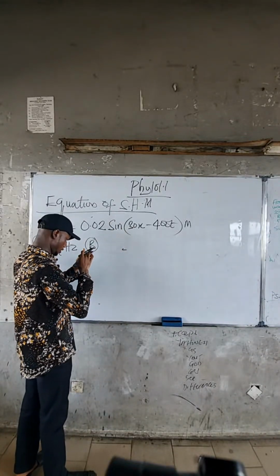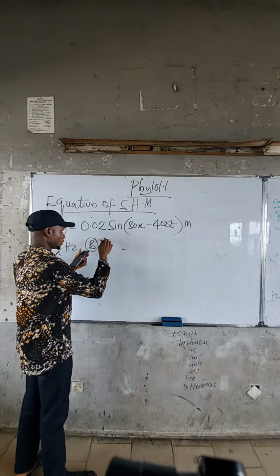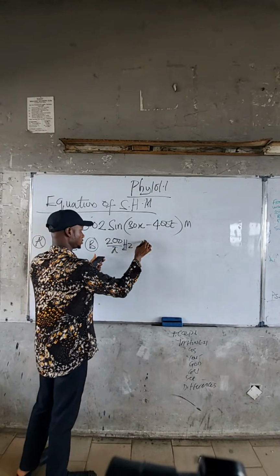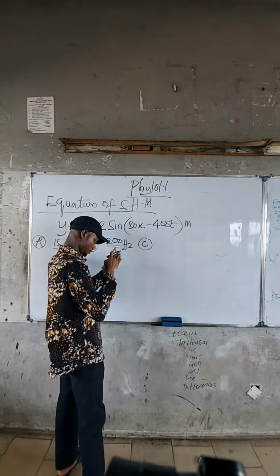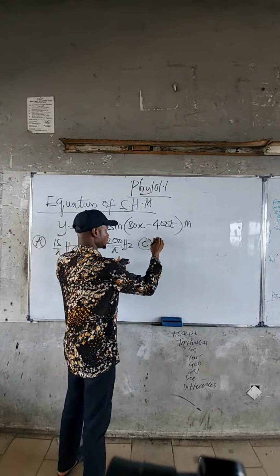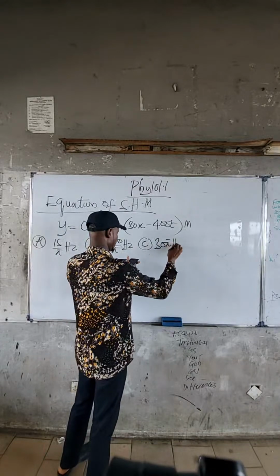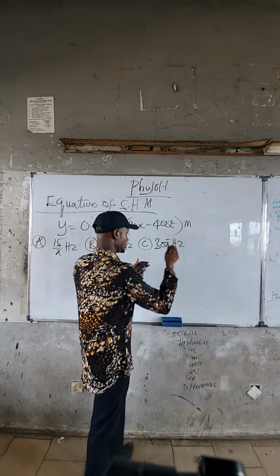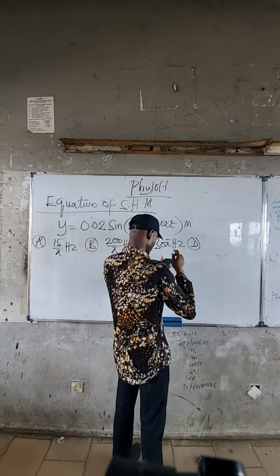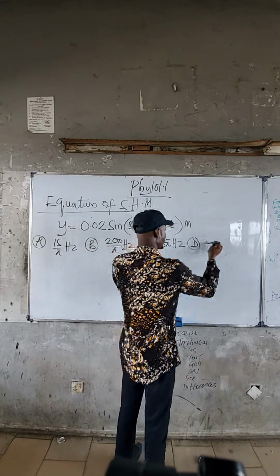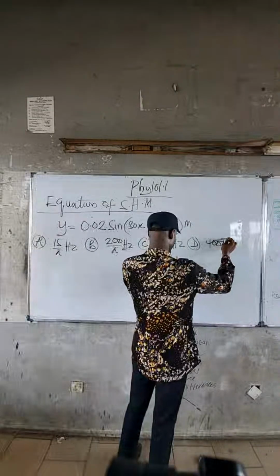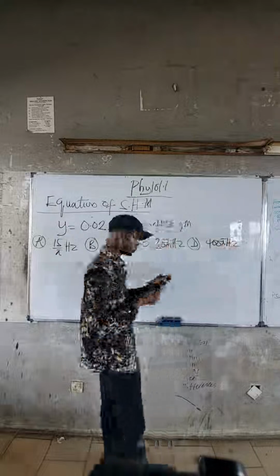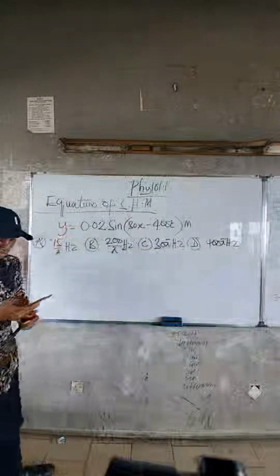The next is 200 over pi hertz. Please take note. C, 30 pi hertz, okay. D, 400. Okay, now this is simple harmonic motion here.